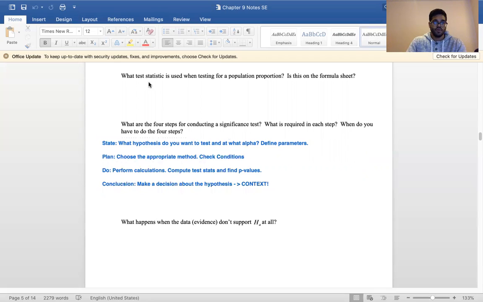Okay, so now what happens when the evidence doesn't support HA at all? You say there's no need to continue with the significance test. The conclusion is clear.